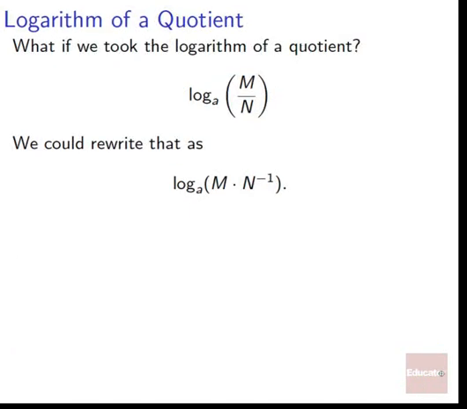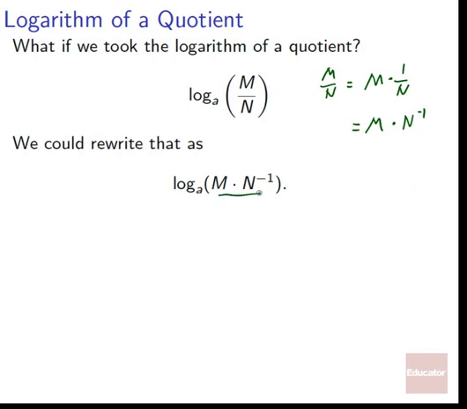What if we took the logarithm of a quotient, log base a of M over N? Well, we could rewrite that as M times N to the negative 1, since we could rewrite M over N as M times 1 over N, and then we can rewrite 1 over N as its flip, N to the negative 1.